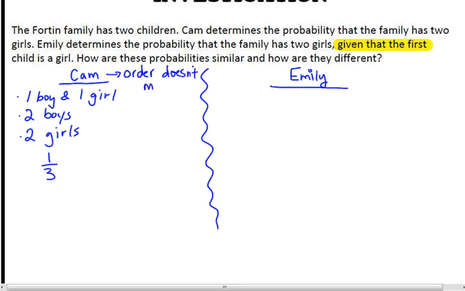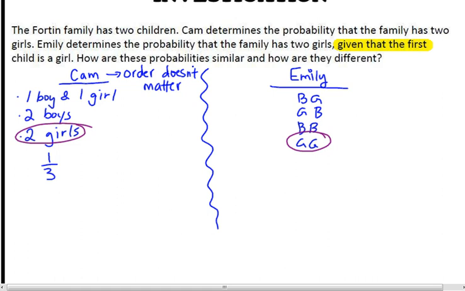So what are the different orders you can have for two children? Give me one order. Boy, girl. First a boy, then a girl. Then a girl and a boy. Boy, boy. Girl, girl. So we were doing two girls, right?